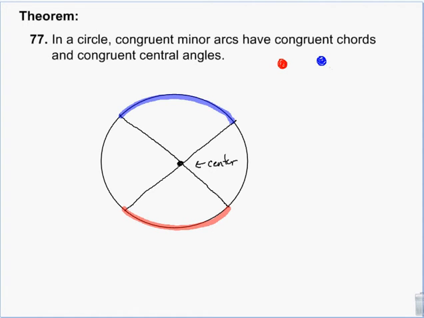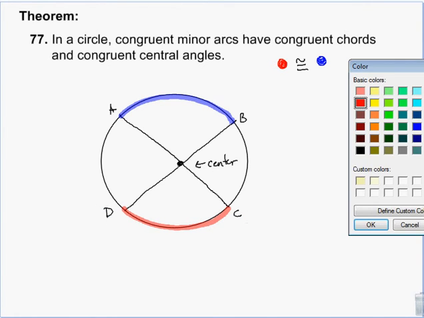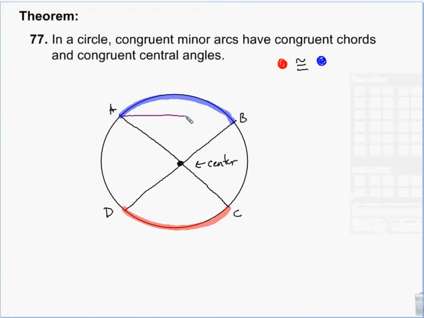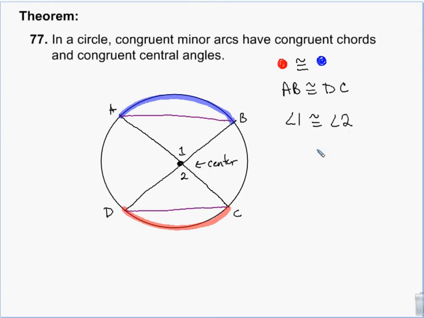The red and blue are congruent. I'm going to call this point A and this point B and this point C and this point D. And if I come in and I draw chords AB and DC, AB will be congruent to DC. And then if I label these angles like angle 1 and angle 2, angle 1 will be congruent to angle 2.